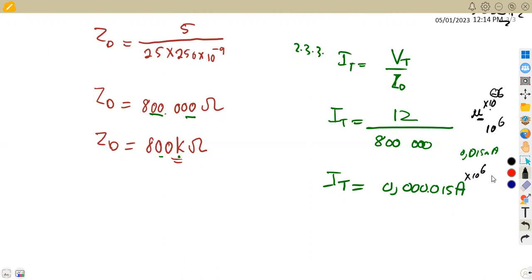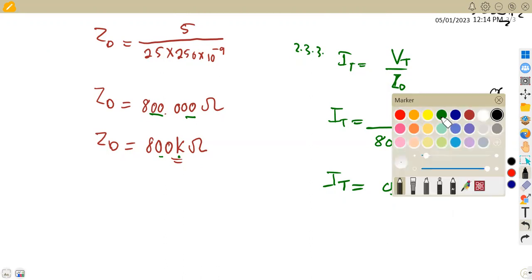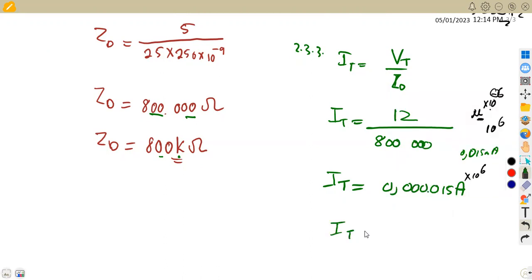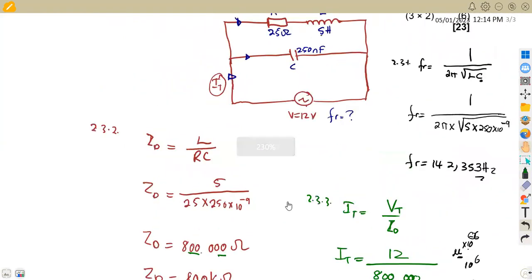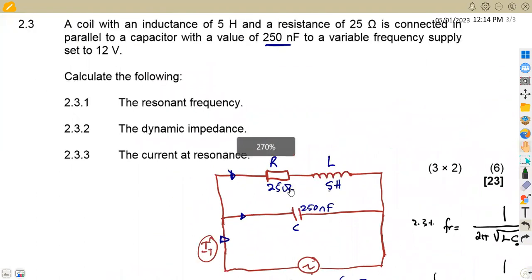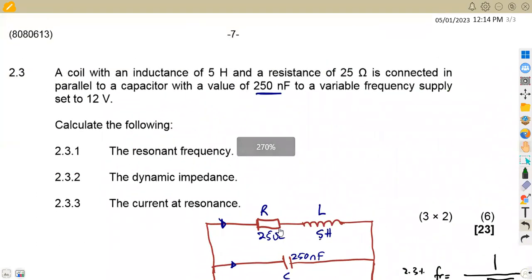If you multiply by 10 to the exponent of 6, you are going to obtain 15. That answer is now in micro amps. So that was the total current when it is at resonance.